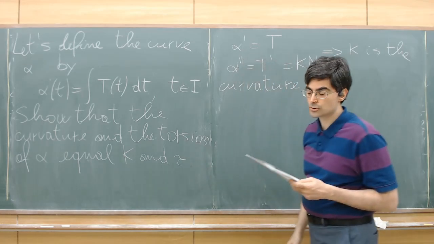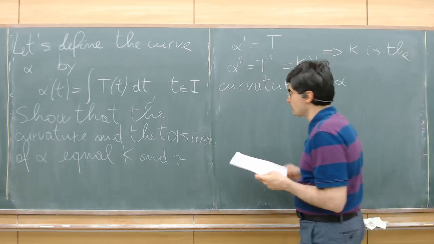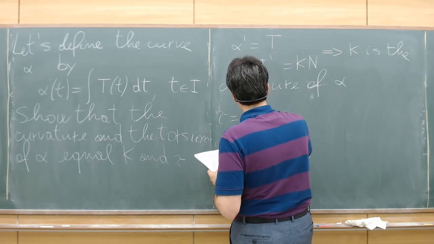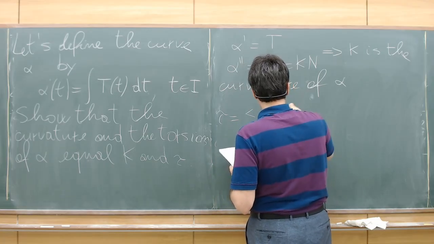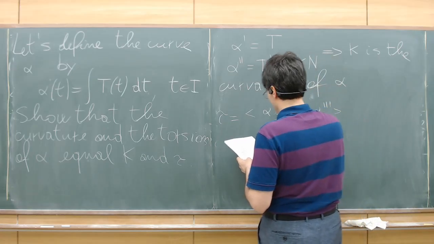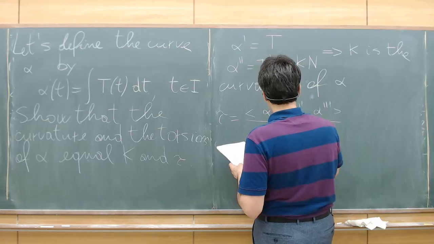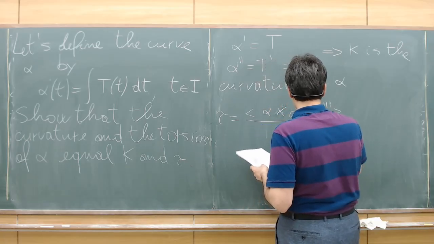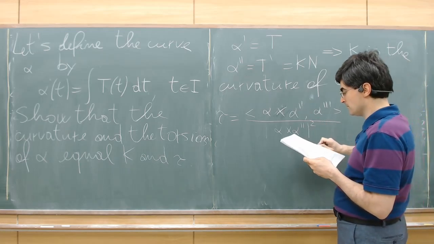What about the torsion? In order to compute the torsion, we will use this formula: tau equals alpha prime cross alpha second, comma alpha third, divided by the length of alpha prime cross alpha second squared.